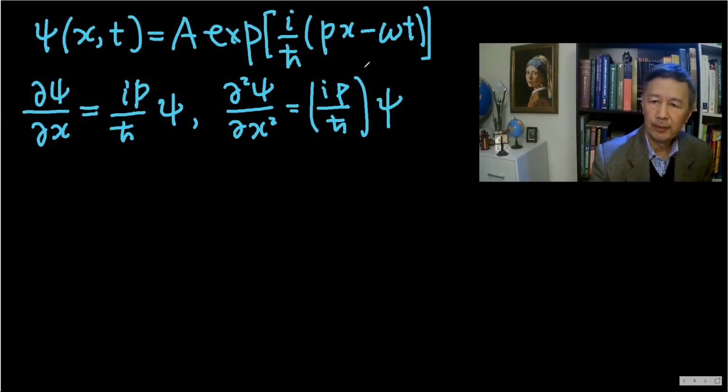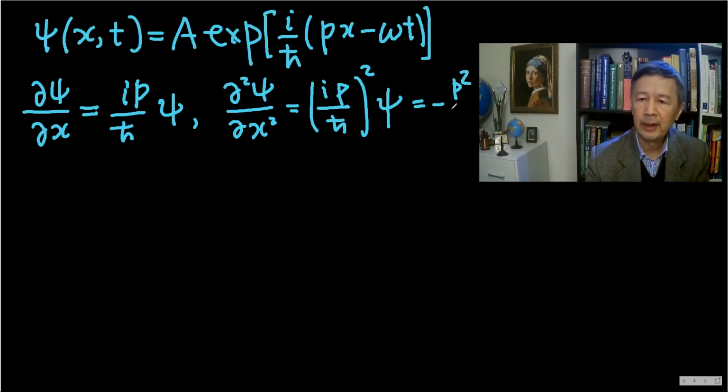Right, square, we'll put a square here. So in this way, we got this negative, because it's slightly different. We have negative, so basically that will equal the negative p square and h bar square.